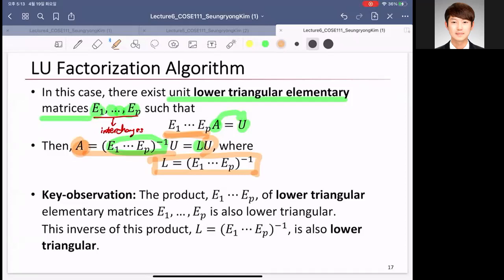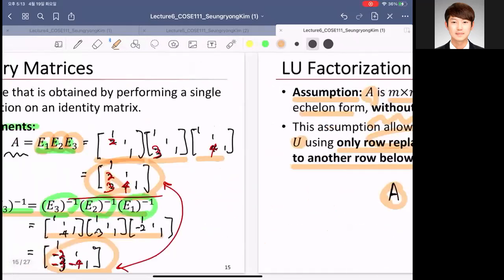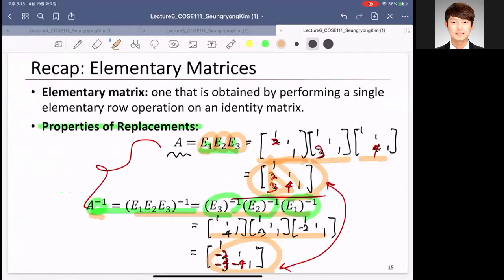So first of all, the composition of the elementary matrices or the inverse of them looks like this. Lower triangular with ones on the diagonal here or here. Then it is a kind of form for the L, right?